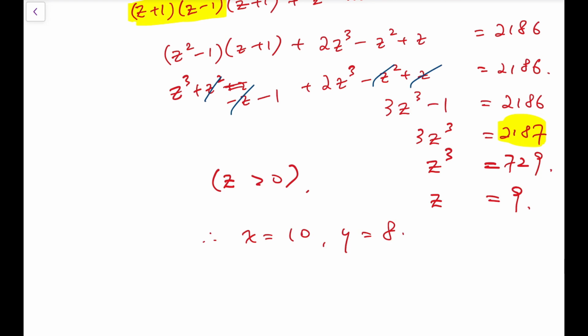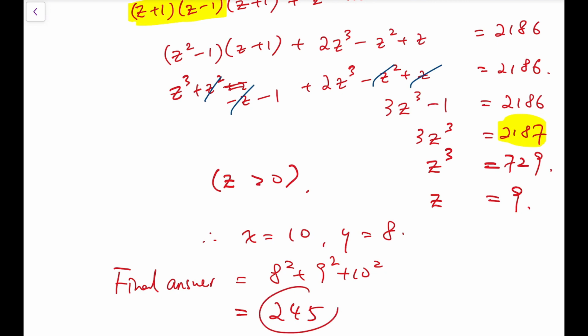No matter which of the other systems I pick to solve, I will still get the numbers 8, 9, and 10. It's just that they represent different variables. So our final answer is 8 squared plus 9 squared plus 10 squared, which is 245.